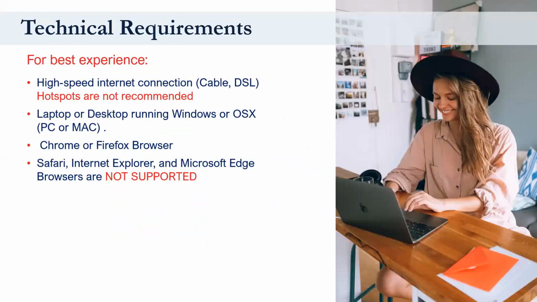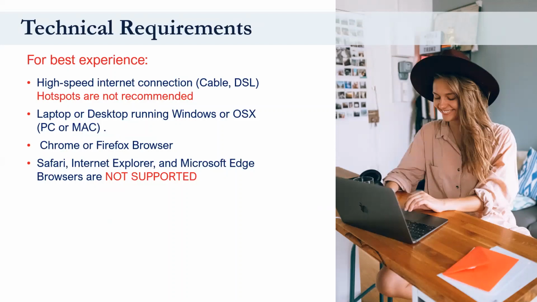Before we get into Canvas or any of our other systems, no matter what you're using with us, we have some basic technical requirements that you need to meet in order to have the best experience. First of all, high-speed internet connections are required. Cable or DSL are typically what high-speed internet connections are. Then there are hotspots that people do try to use. However, hotspots are not recommended. If you're not sure what a hotspot is, that's okay.